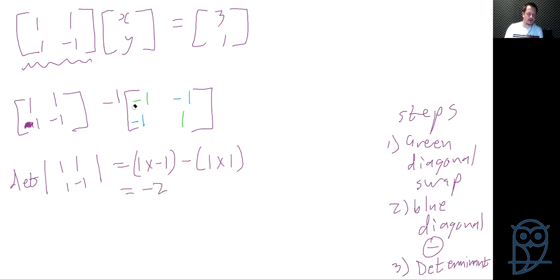Let me just make that a little bit neater as well. All right, so it's -1/2 into this bracket.